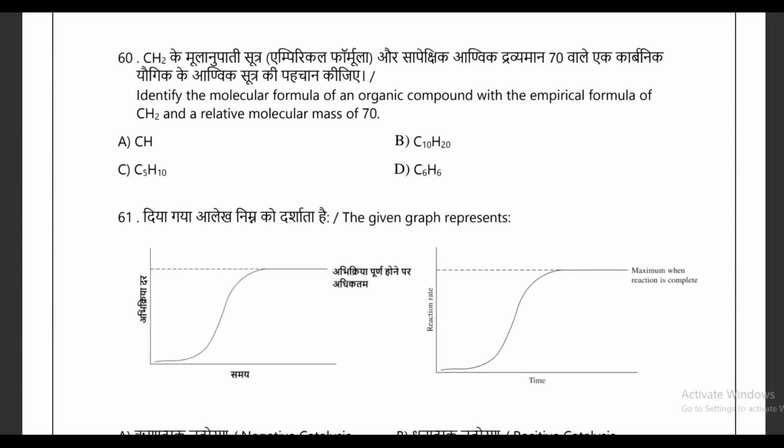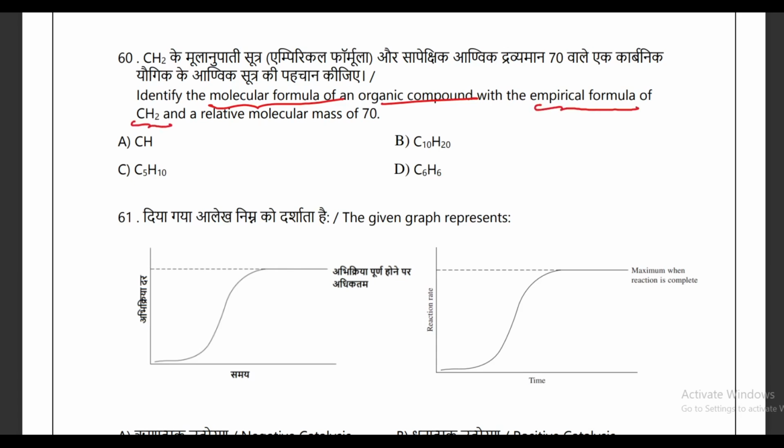In the last question, they are talking about identifying the molecular formula of an organic compound with an empirical formula which is CH2.